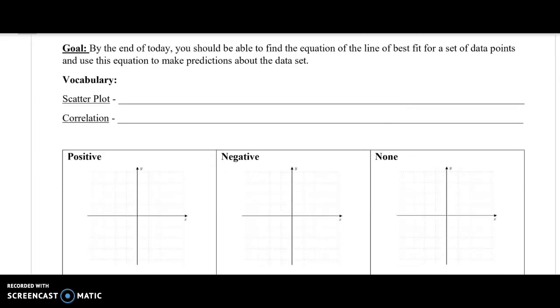Okay, so scatter plot, the definition for that, I'm just going to go ahead and write it down and then we can talk about it.